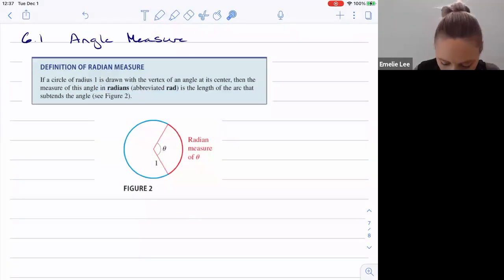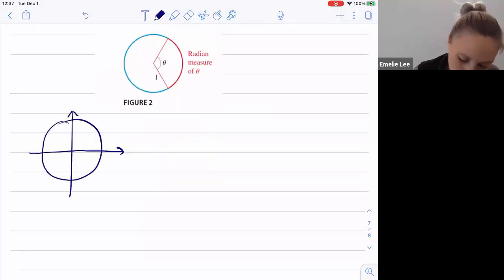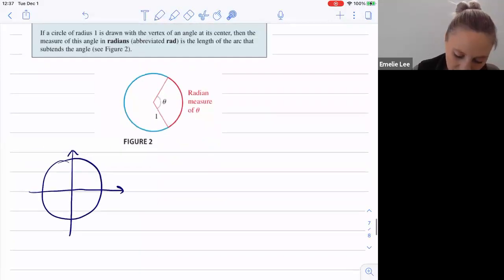So remember how we said, let's see here. Oh, now I drew it all crooked. That's okay. If the length of this side is the same as this angle, remember how I said this pi over 6 is actually going to be an angle?